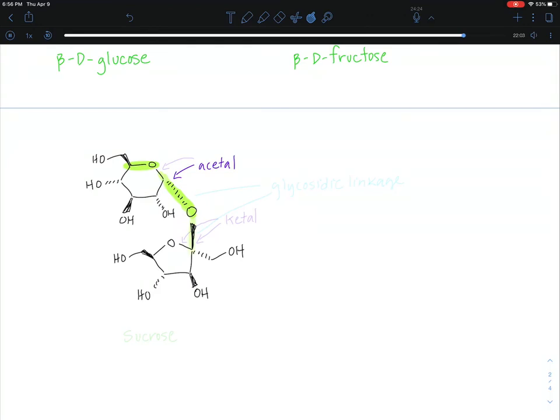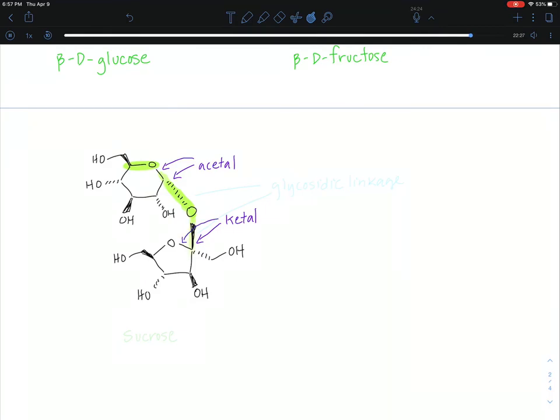And then for fructose, the ketal is here. See how we've got the two? So here I've got that bond for the acetal, and I've got this bond. For the ketal, I've got that bond and that bond.